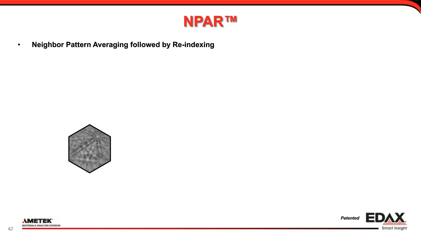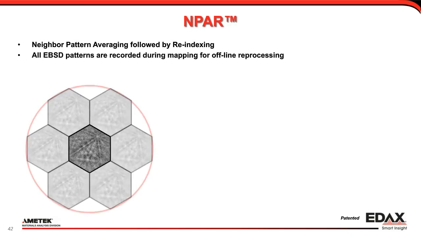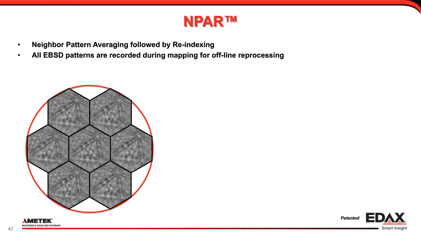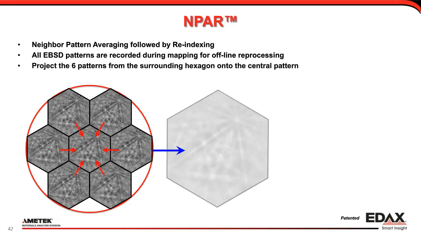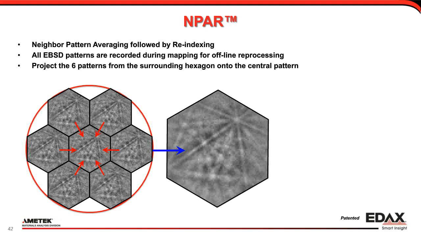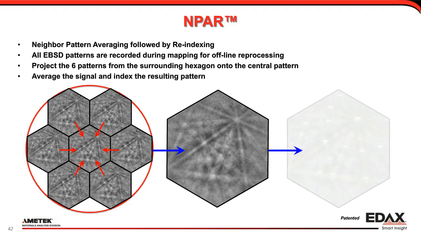What it does is we are storing all the patterns during mapping, and we're then looking at every pixel individually and the ring of patterns around it. It's like a moving average. So for every pattern, we are taking the 6 patterns around it, projecting those onto the central pattern, and getting an average pattern in the middle. And we index that pattern.